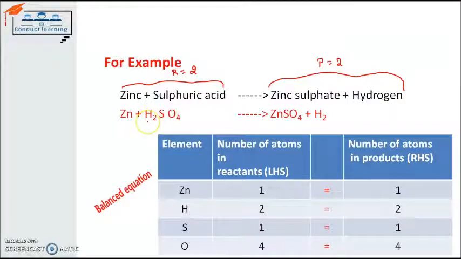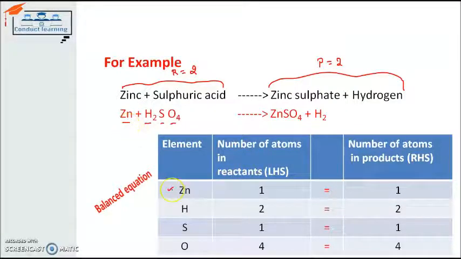We first have to list all these elements, because we have 4 elements in the reactants. First is zinc, second is hydrogen, third is sulfur, and fourth is oxygen. We write zinc first, as it comes first in the sequence.